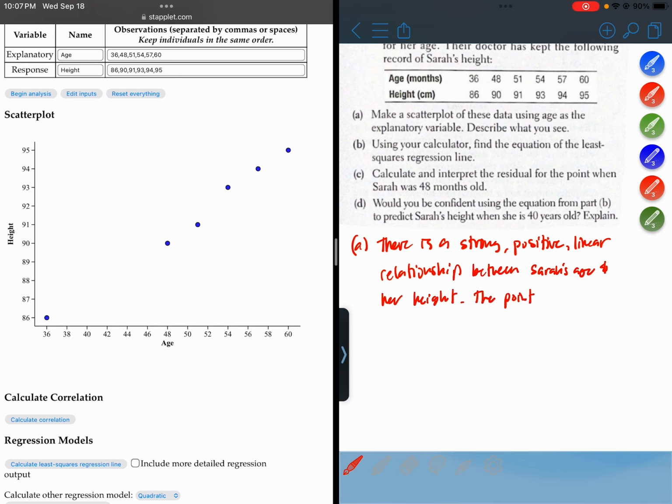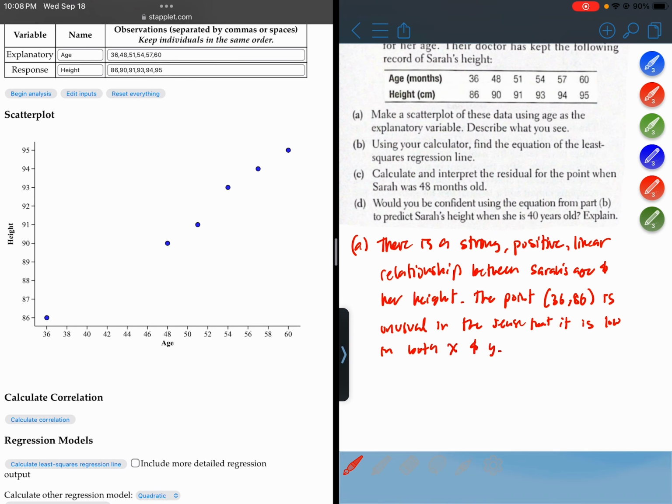The point 36, 86 is unusual in the sense that it is low in both the x and the y direction.